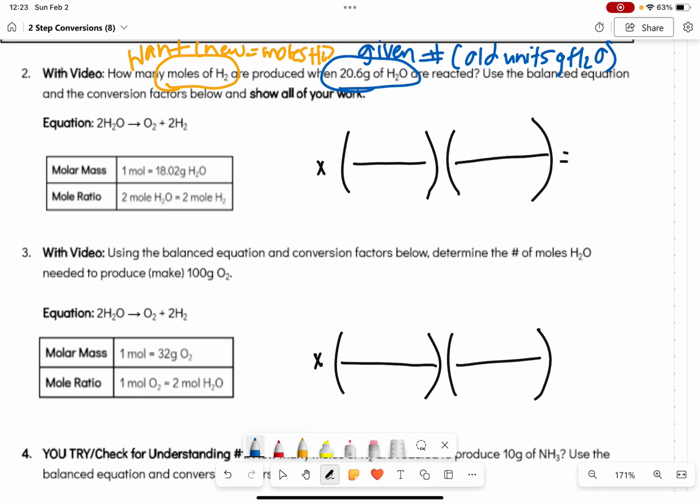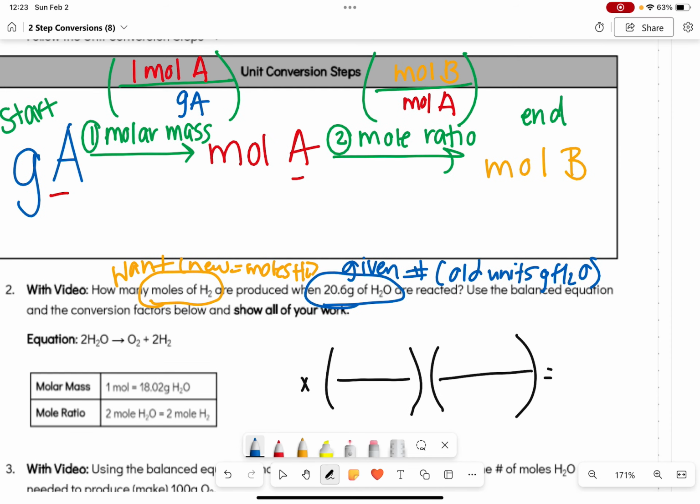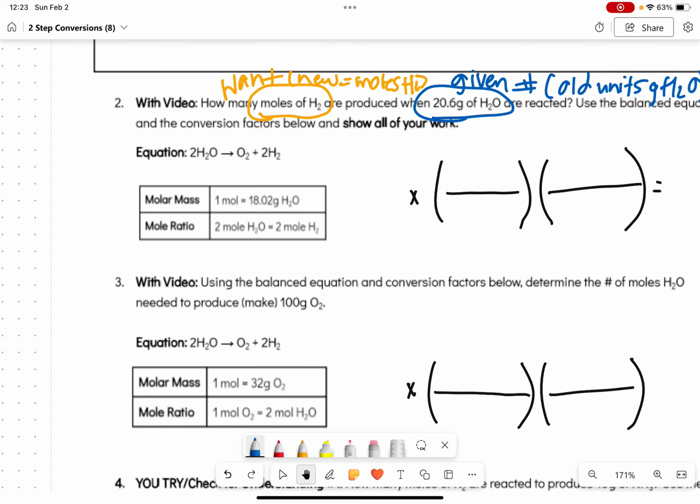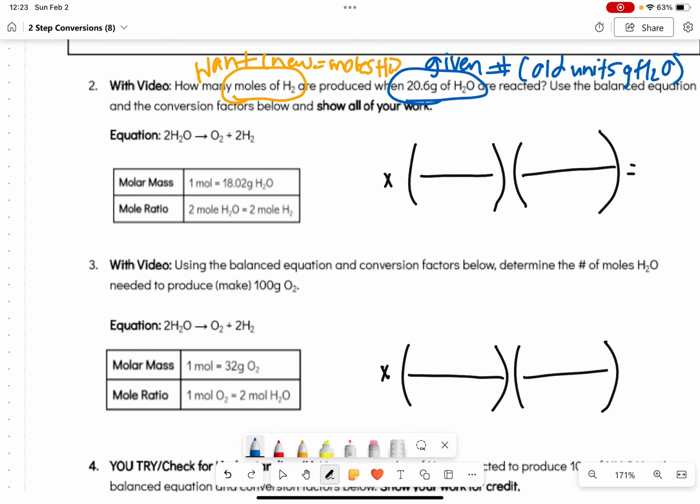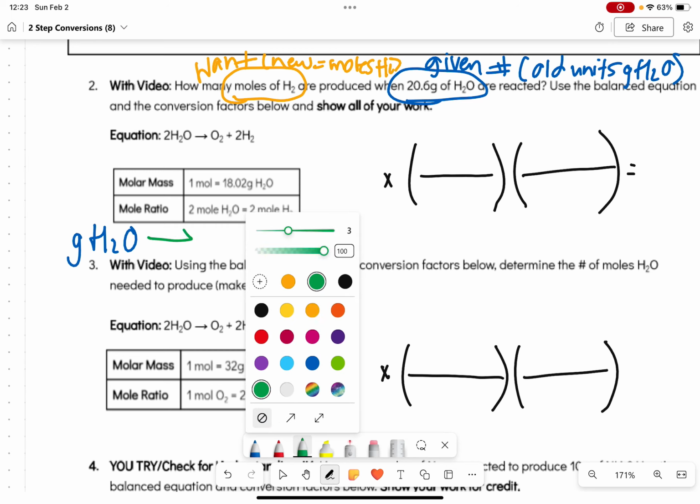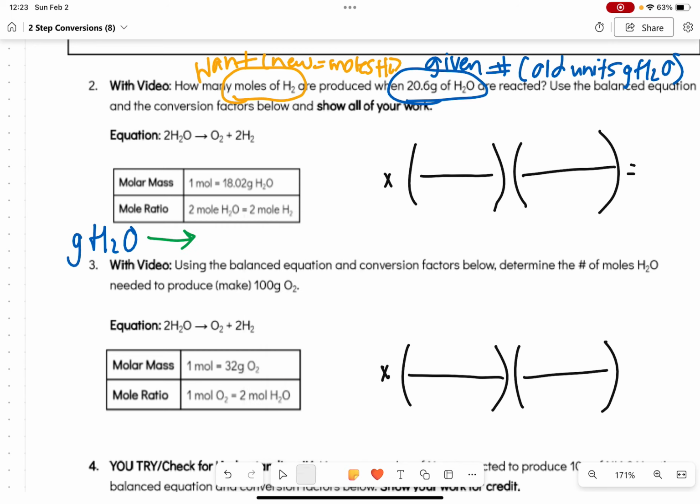So I'm going to write out the path, just like we did in our conversion steps up here, in the space down here, so you can see exactly what we want to do. So we're starting with grams H2O. The first thing I need to do is go to moles of H2O, because that'll make us able to change from moles of H2O to moles of H2.